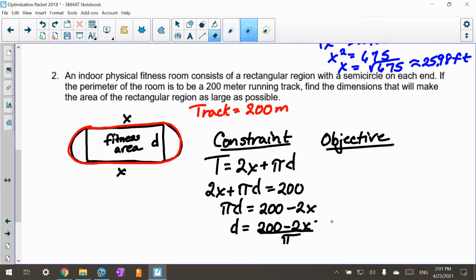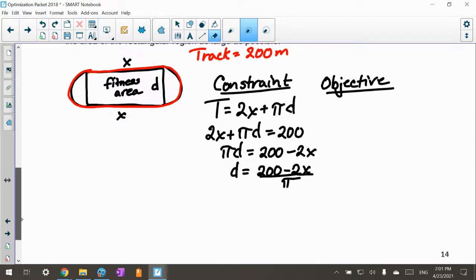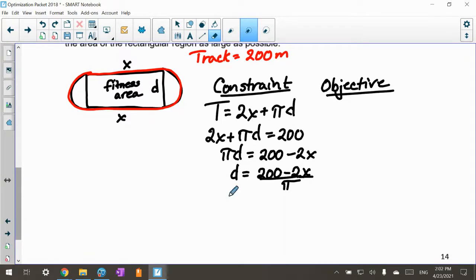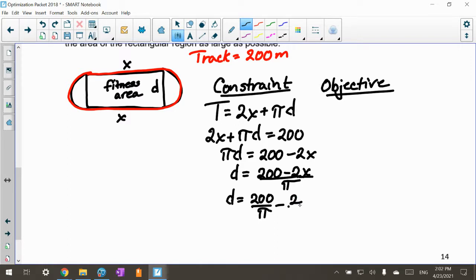And then what I'm going to do right here is kind of rewrite it and do the numbers here. The diameter is, divide the 200 by pi, because that's really a number, minus 2 over pi x. So it's like two terms, but either way is fine, okay?